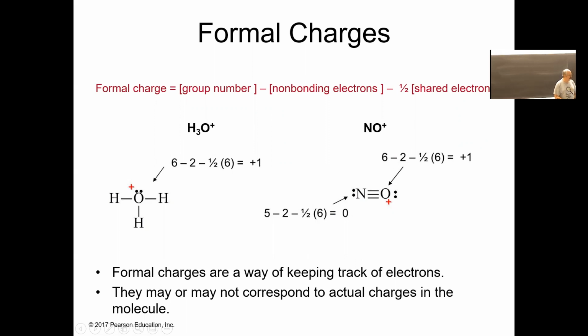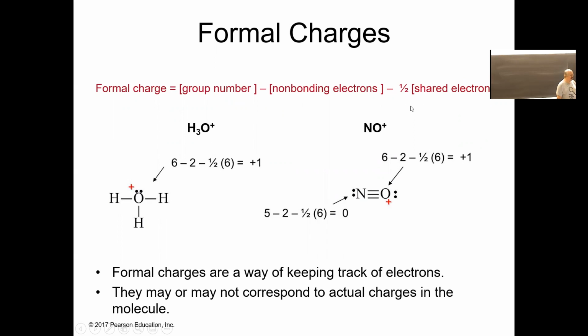To determine formal charges on an atom, we can take the group number, or the number of valence electrons, which also corresponds to the position of the element in the row. We subtract the non-bonding electrons, not the non-bonding pairs but the number of non-bonding electrons, and then one half of the shared electrons.